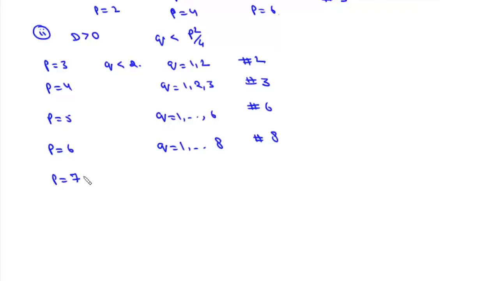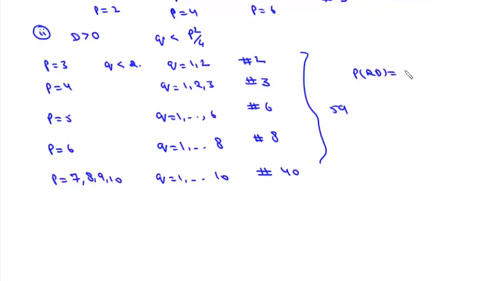If P is 7, there will be 49 by 4 is 12 point something. So here you can take values from 1 to 10. So for all the values of P from 7, 8, 9 and 10, you can take all these 10 values. So here for these 4 cases, total values we have is 40. Now if we add them, we'll get this as 59. So the probability that roots are real and distinct will be this 59 by 100.